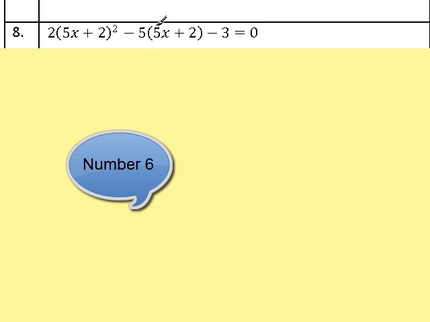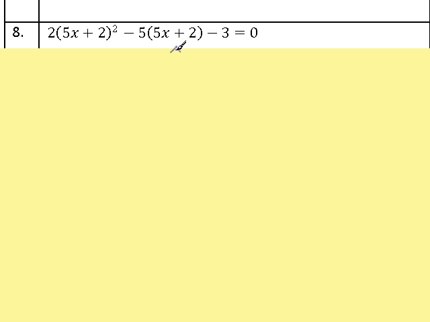In number 8, we have this term in parentheses, and here we have that term squared. So we're going to put y equal to that expression in parentheses. So we have y is equal to 5x plus 2, and we'll write this as a quadratic: 2y squared minus 5y minus 3 equals 0.